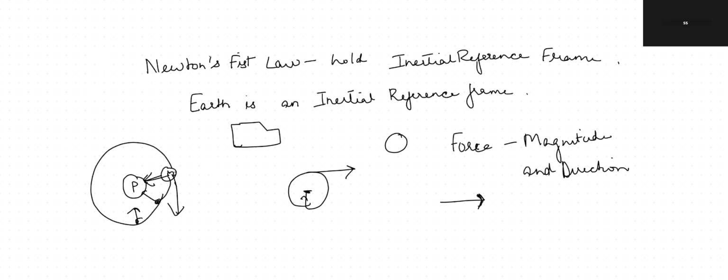So the reason why an initially moving object tends to come to rest in our everyday life is because it is being acted on by an unbalanced force. So suppose this is a table.